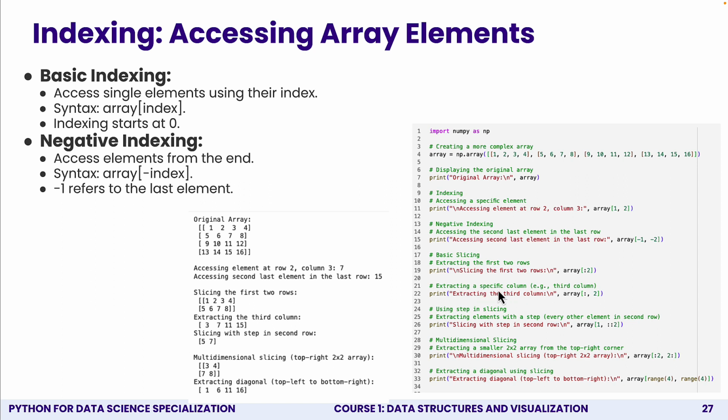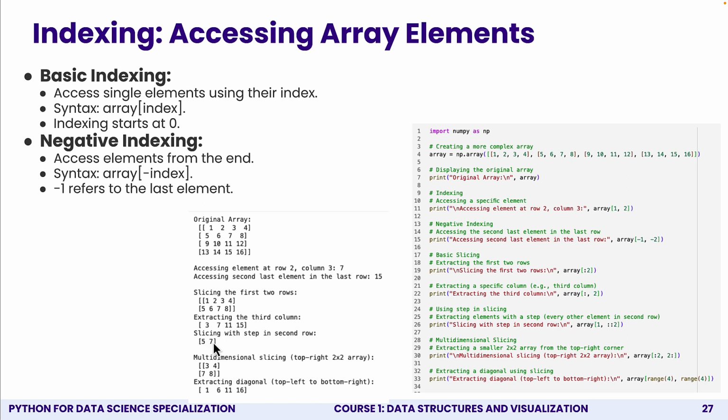And extracting a specific column. Look now. This means that we select all the rows, but the third column, index 2. And slicing with a step in the second row. Okay, so what does it mean? So this is 5 and 7.